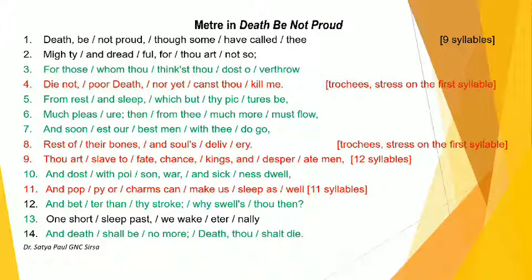Then in lines 5, 6, 7 iambic pentameter has been used. Line number 8 again uses trochee. Line number 9 has 12 syllables, which I have already discussed. In line number 11 there are 11 syllables. So no regular meter, no regular pattern of any one meter has been used. There is a rough and rugged use of meter in this poem. Thank you very much.